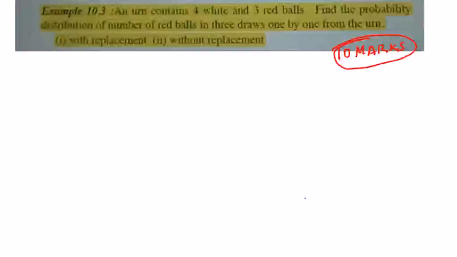They say an urn contains 4 white and 3 red balls. Find the probability distribution of the number of red balls in 3 draws one by one from the urn.